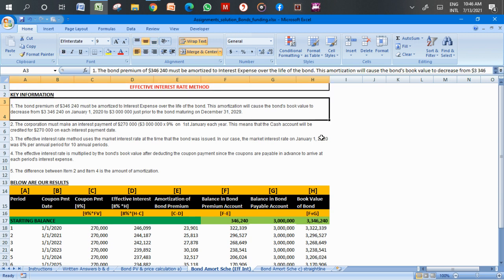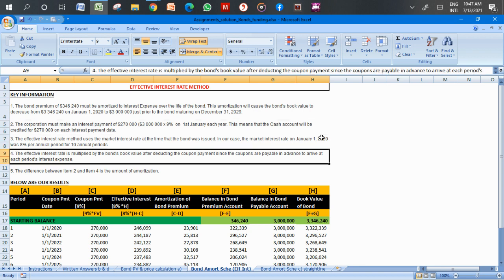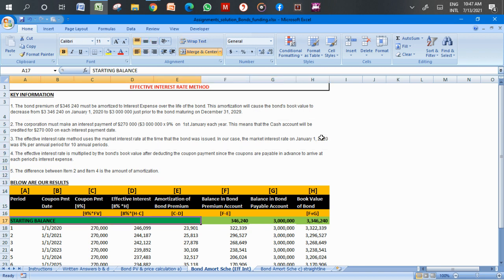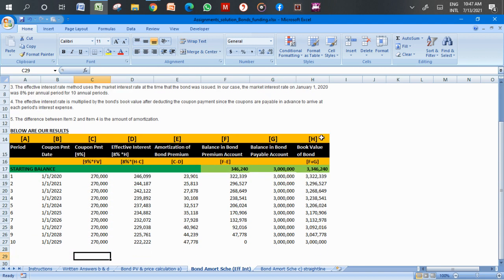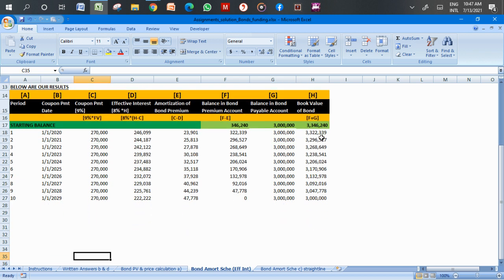The bond premium must be amortized to interest expense over the life of the bond. This amortization will cause the bond's book value to decrease from 3,346,250 on 1 January 2020 to 3 million in 2029 when we actually repay the principal. Okay, so this is the result.